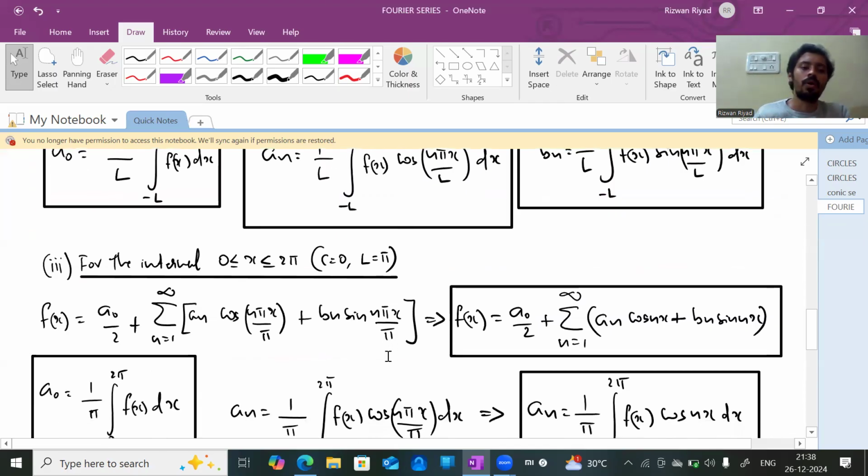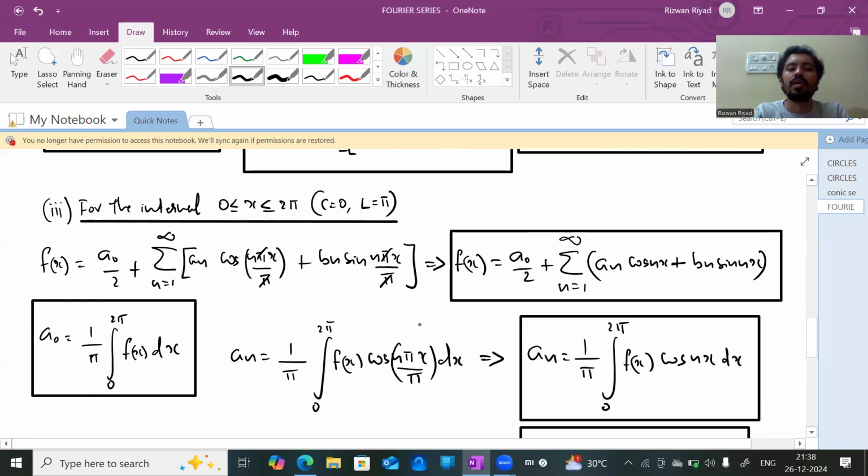So we can cancel this pi and this pi, and also this pi and this pi. So f of x equal to a0 by 2 plus sigma n equal to 1 to infinity an cos nx plus bn sin nx after cancelling the pi.